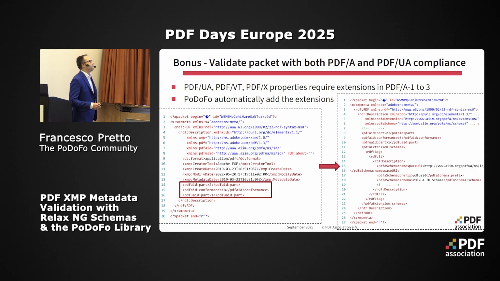Of course, this validation handles the coexistence of the PDF/A and PDF/UA specifications, and adds automatically the extension if you're targeting PDF/A-1, 2, 3, which otherwise, without the extension schemas that were released this year by Peter, wouldn't validate according to PDF/A.